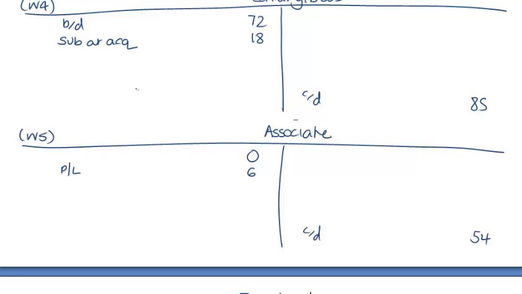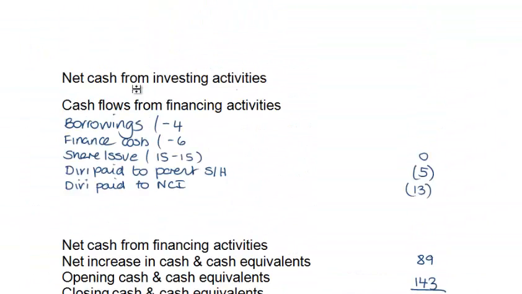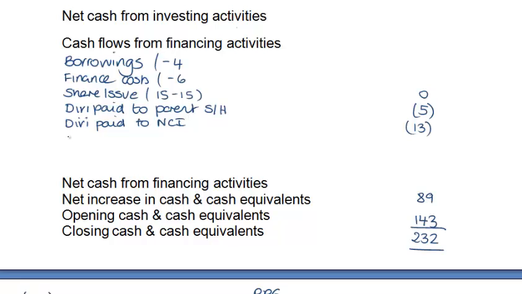That explains that figure of 2 million in the NCI calculation. So what I'm going to do here is go to financing, rights issue to NCI. That has brought in 2 million. So that's note 2 dealt with.